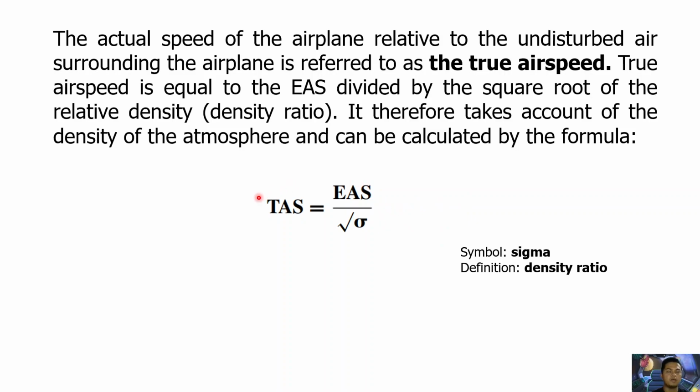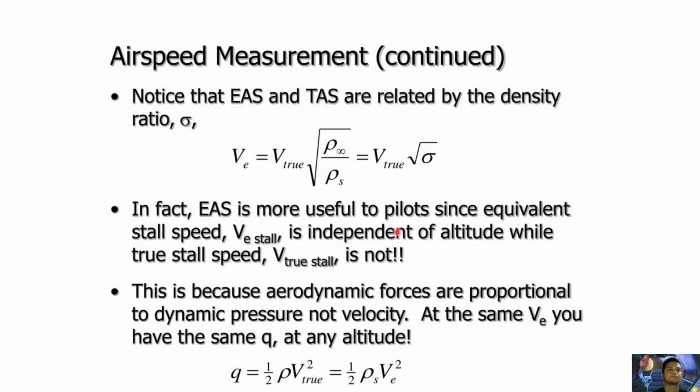So one way no to get the true airspeed of the aircraft is that pag alam mo na equivalent airspeed and alam mo ang density ratio, you can use this formula. So again, that symbol is sigma. Okay?